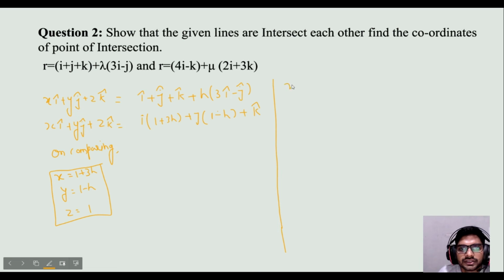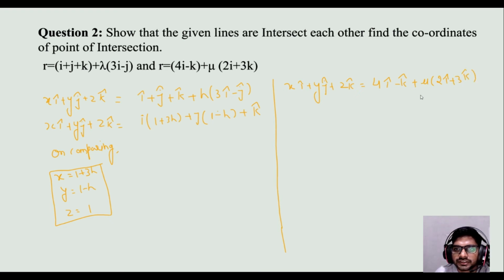For the second equation, xi plus yj plus zk is given by 4i minus k plus mu times (2i plus 3k). Then on comparing, i is common, 4 plus 2 mu.